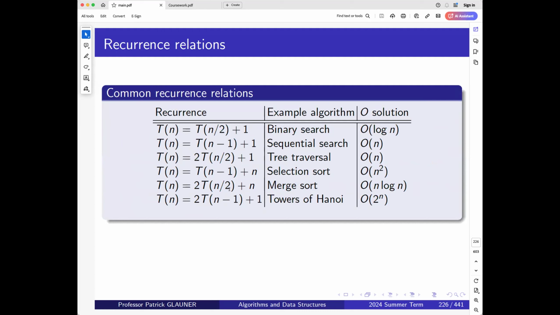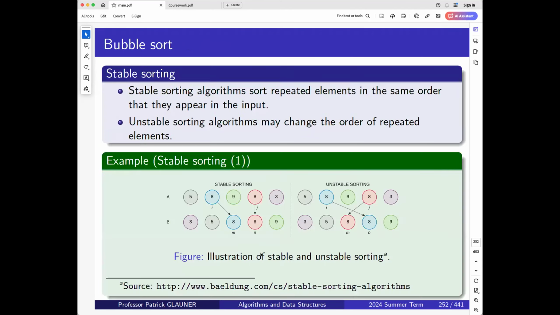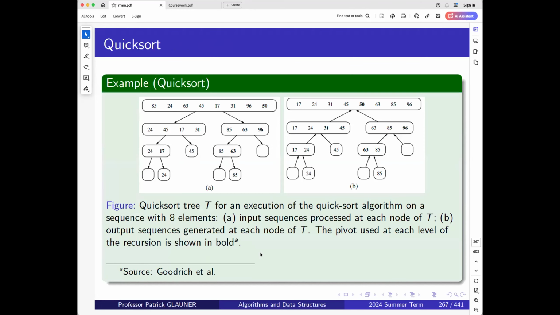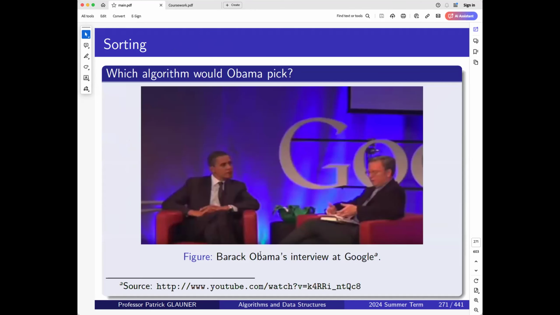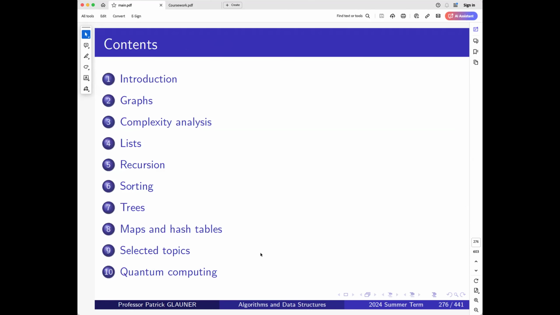So 2 times T(n/2) plus n for merging these two halves together. And I see the complexity is O of n log n. You can either solve this manually or use the master theorem. Just going back. And this is what we have just done. And we have now finished sorting.